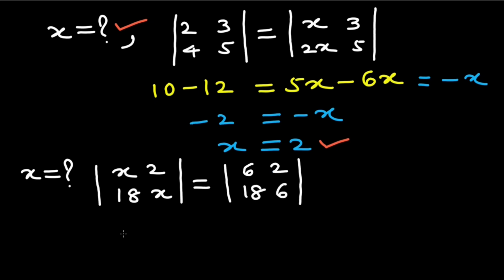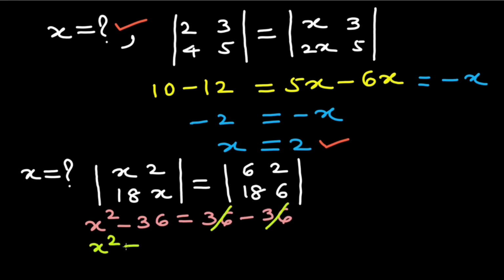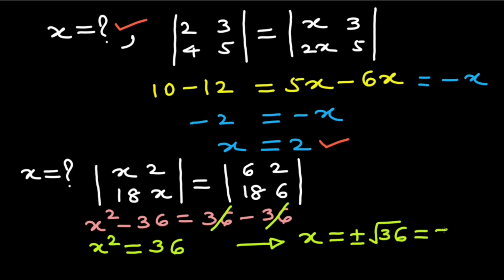Determinant on the left hand side will be x multiplied by x, that is x squared, minus 2 multiplied by 18 is 36, equals 6 multiplied by 6 is 36, and 2 multiplied by 18 is 36, cancels with 36, and we get x square equals 36. Taking square roots on both sides, we get x equals plus minus square root 36, which is plus minus 6. So these are the values of this x.